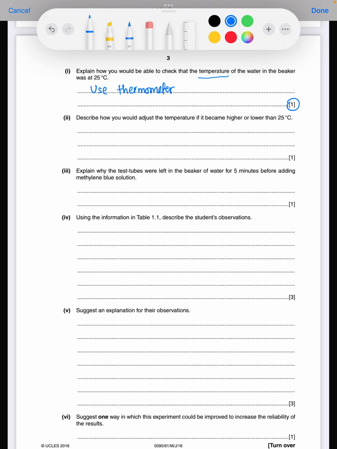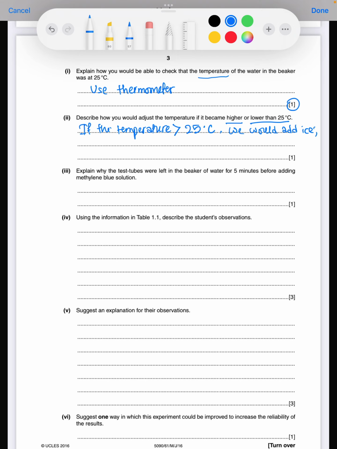Next, describe how you would adjust the temperature if it became higher or lower than 25 degrees Celsius. So, if the temperature is greater than 25 degrees Celsius, we would add ice, for example, to basically cool it down.